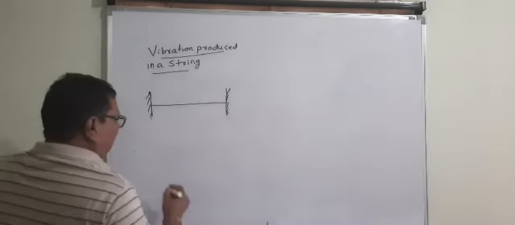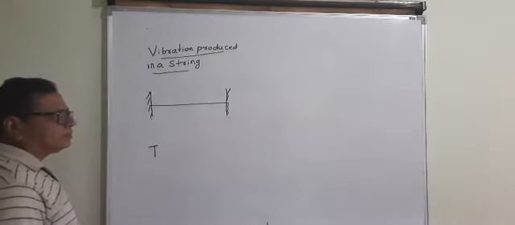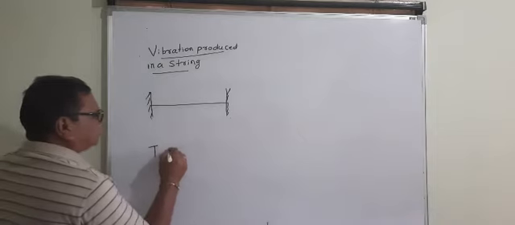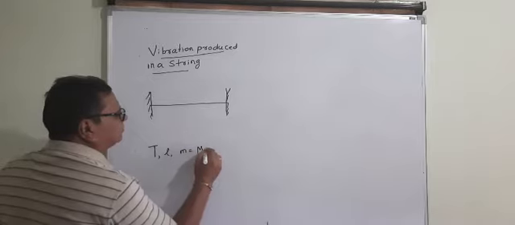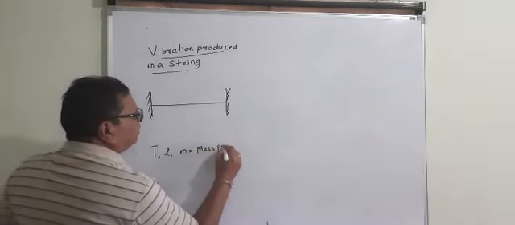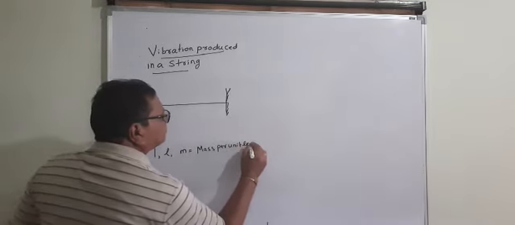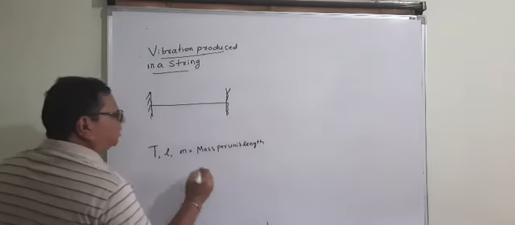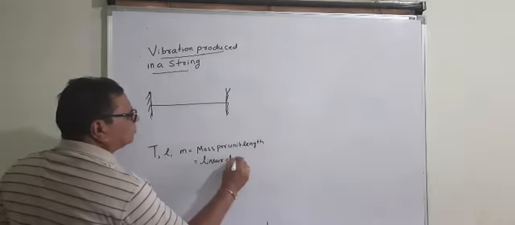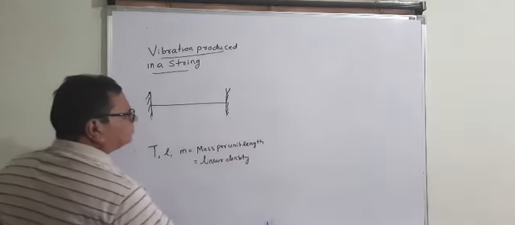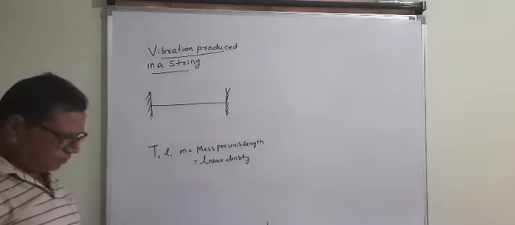That means a tension is produced in the string, say T. Let L be the length of the string and small m be the mass per unit length. It is also called linear density.